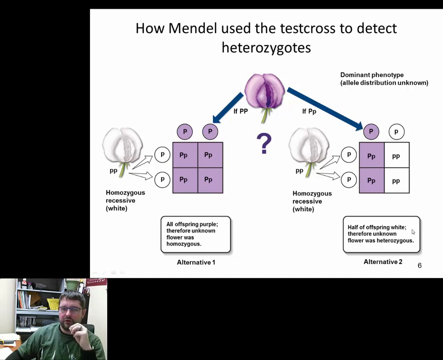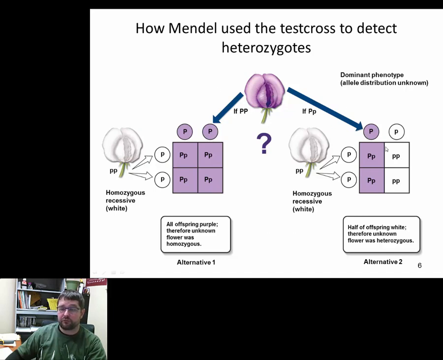We're going to look at a little diagram. So let's say you don't know. You know that this is the dominant phenotype, but you don't know whether it's homozygote dominant or heterozygote. So you can just cross it with a homozygote recessive individual. If all the offspring show the dominant trait, then you know the original parent showing the dominant trait was homozygote.